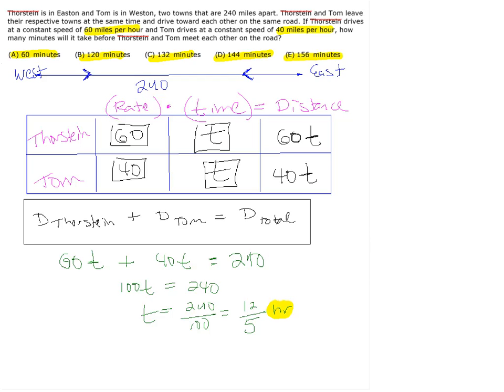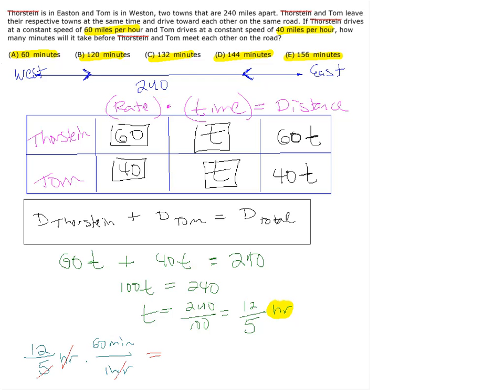But we're okay, because all we're going to do now is convert 12 fifths of an hour into minutes. And this won't be a problem. We'll say 12 fifths of an hour, and we know that there are 60 minutes in every 1 hour. Now notice I structured this such that the hours would cancel with the hours, because what we want is to be left with a time in minutes.